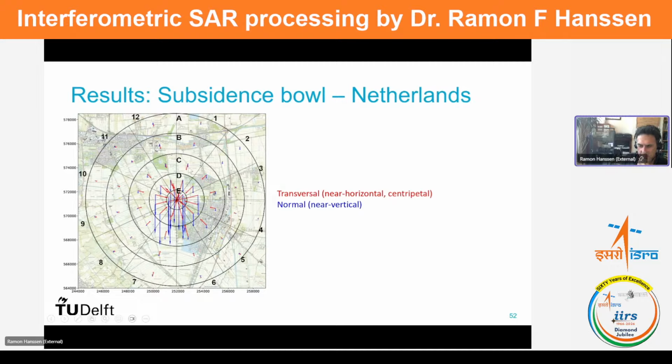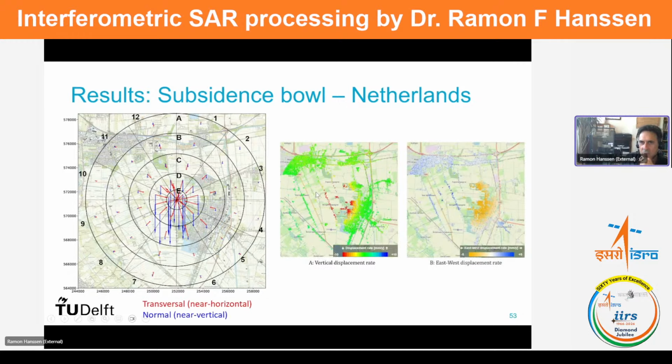And in the center of each of those frames, you see a blue vector and a red vector. The blue vector is the normal component. Here, because it's a subsidence bowl, it's very close to vertical. But to stick to our terminology, we call it the normal component. And the transversal component actually has an east and a north element in it. So these are the red lines that you see.